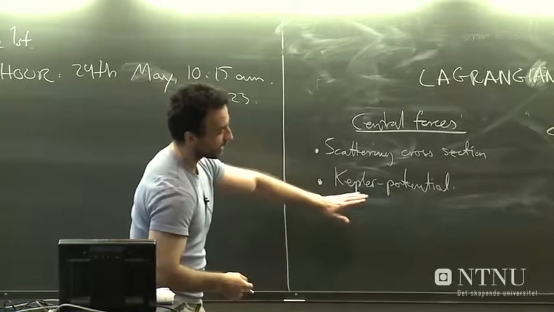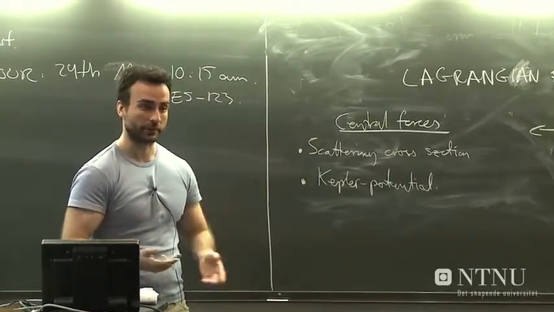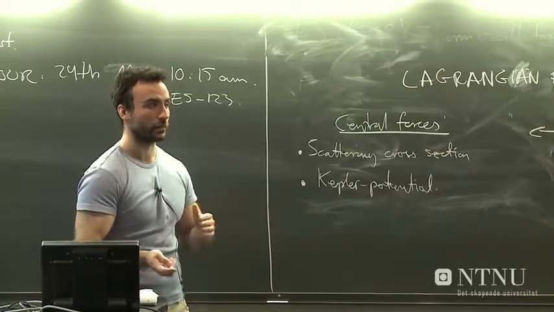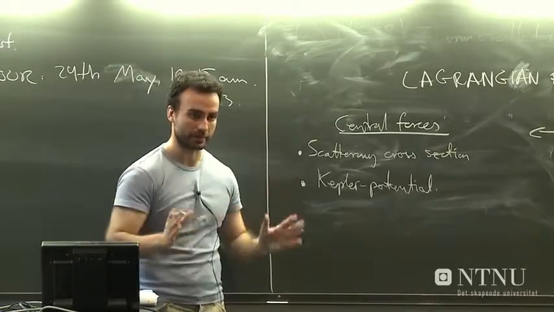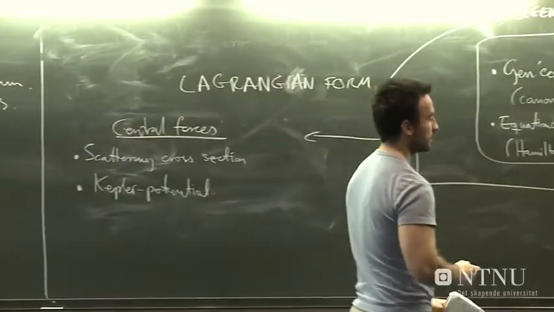So we saw that depending on the energy of the particle moving in such a Kepler potential, we could obtain various types of orbits. Bound states or non-bound states, to be more specific. So that's one application.